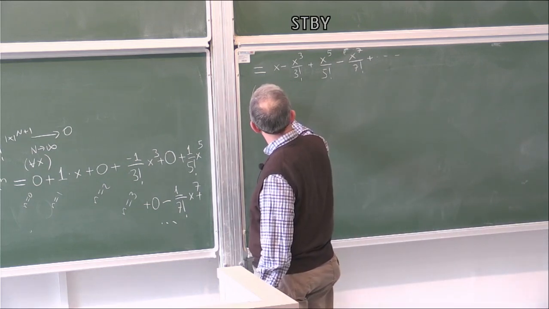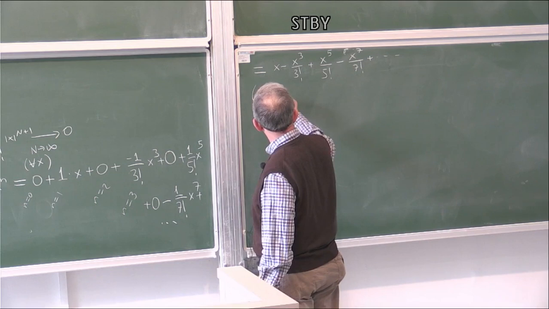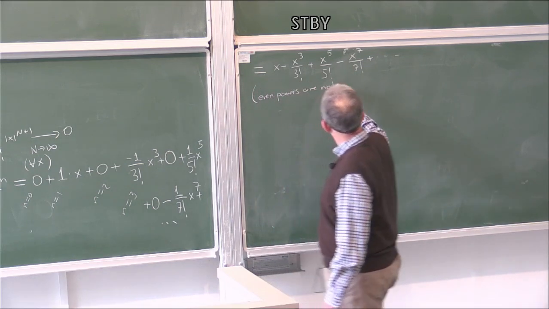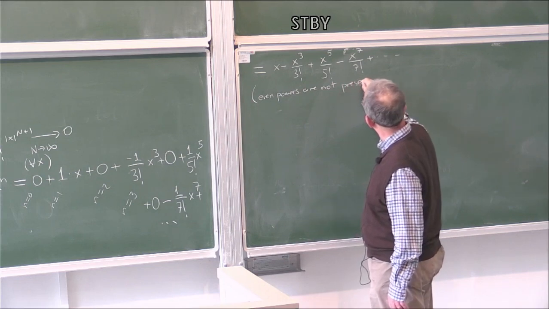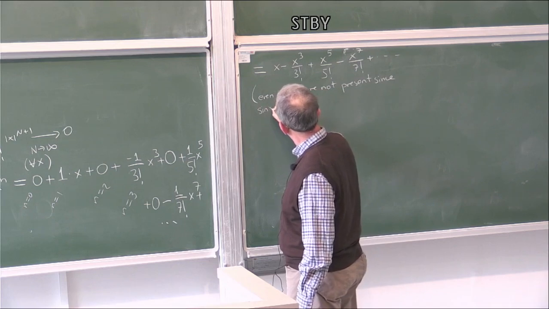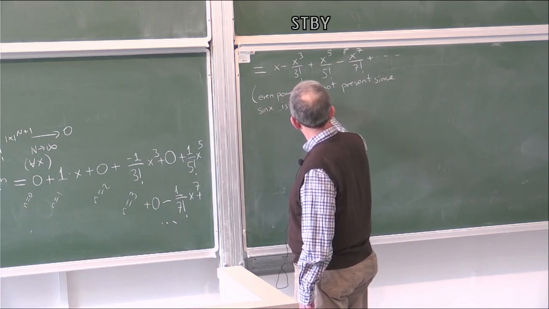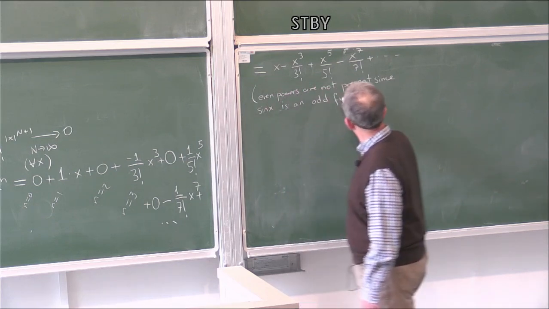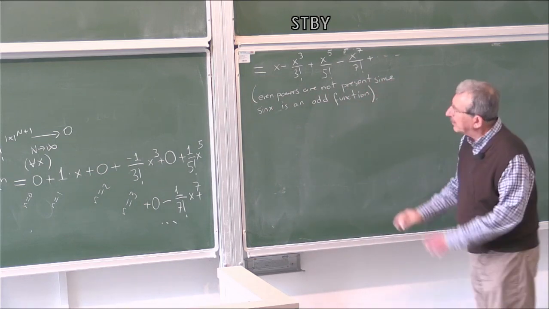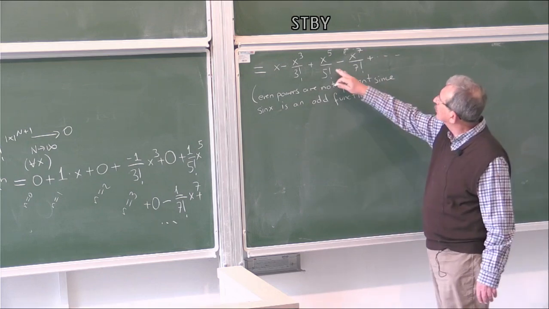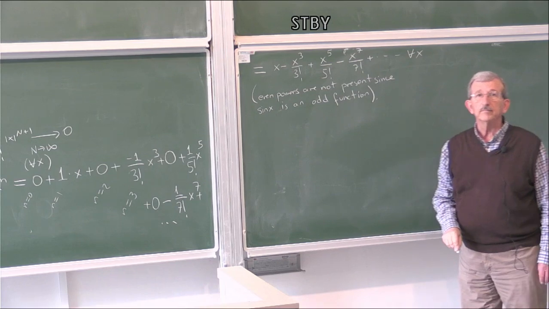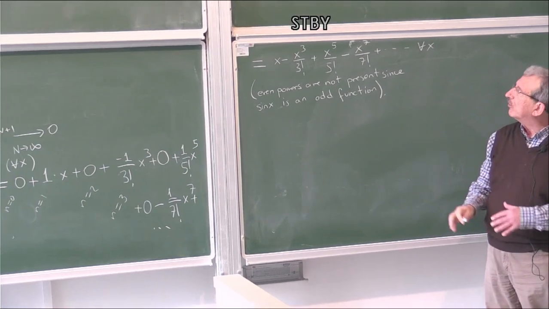So even powers are not present since sine x is an odd function. Before I continue, let me say that this is true for all x, because the remainder term approaches 0 for every x.